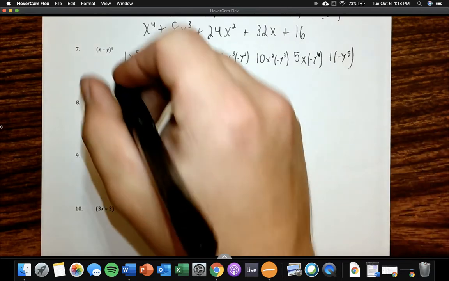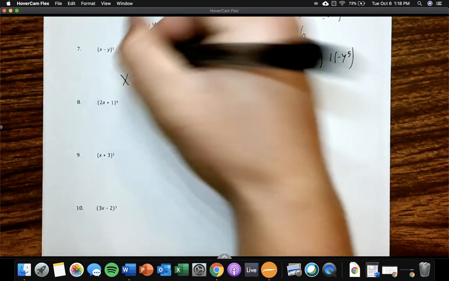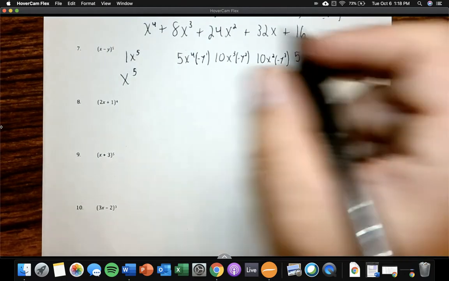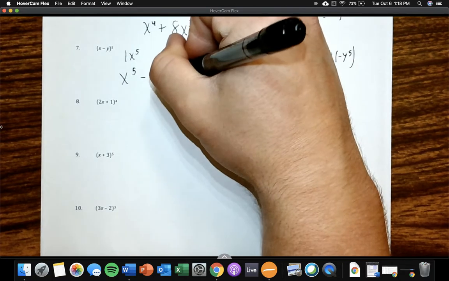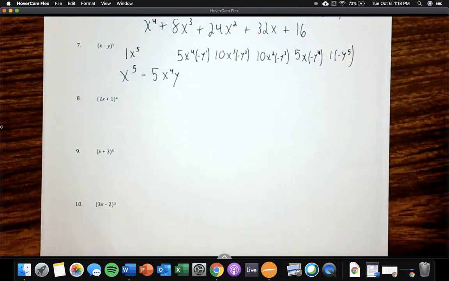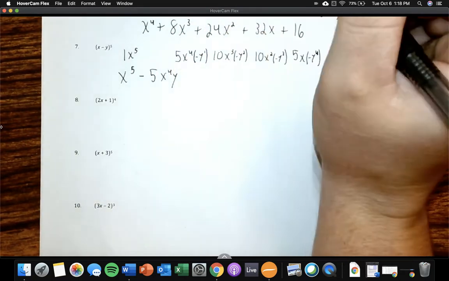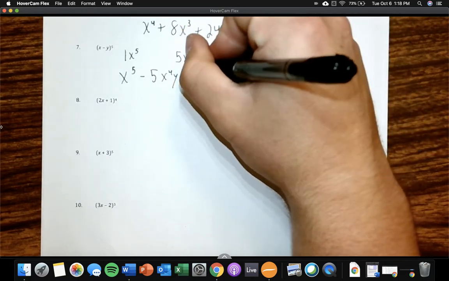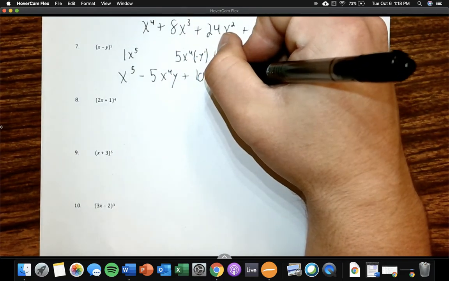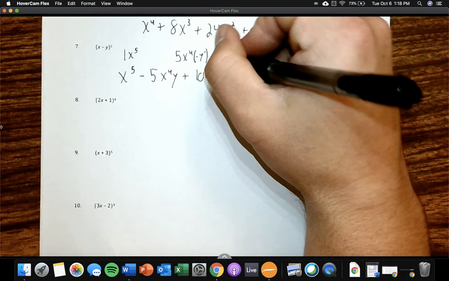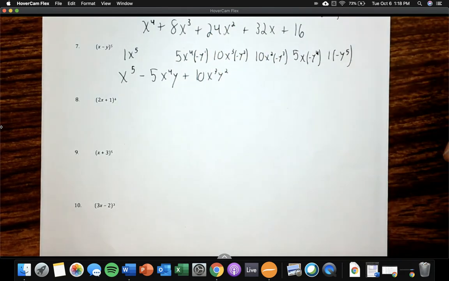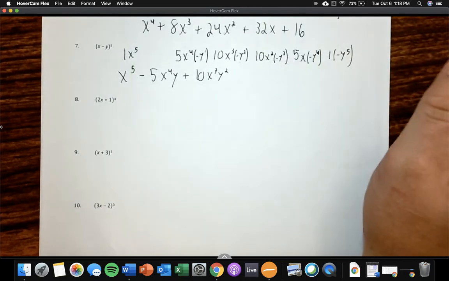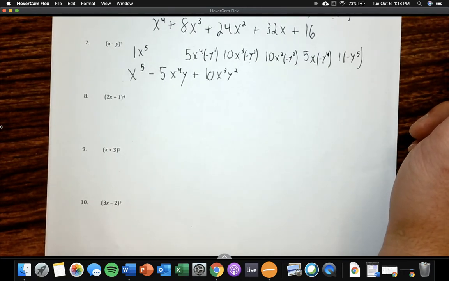But we know the first term then is just this x to the fifth. And that's going to be minus 5 times x to the fourth y, plus 10 x cubed y squared, because this is negative y squared, so negative times a negative just leaves us with a positive.